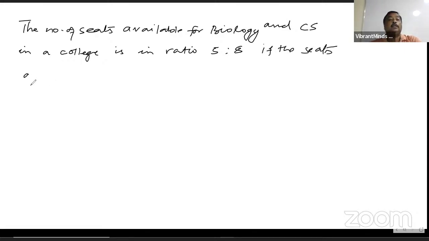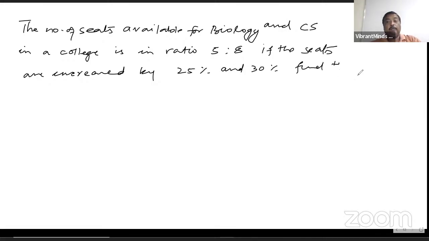If the seats are increased by 25% and 30%, find the new ratio.